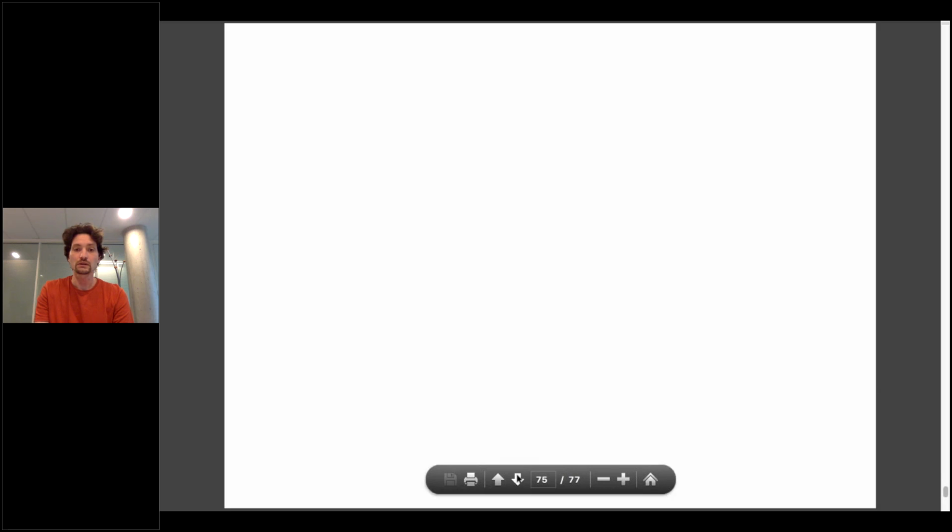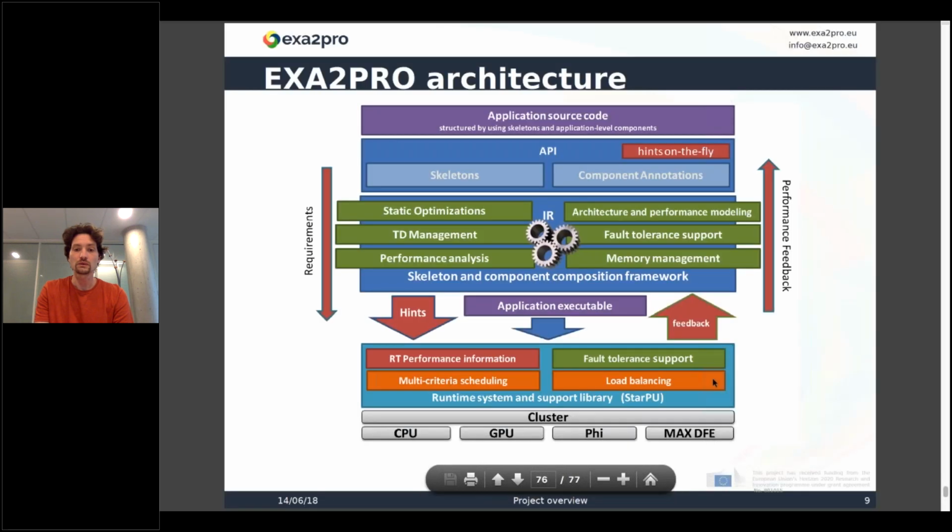Yes, good. One last word on a FET HPC project, called Exa2Pro. It is a FET HPC project on programming productivity.